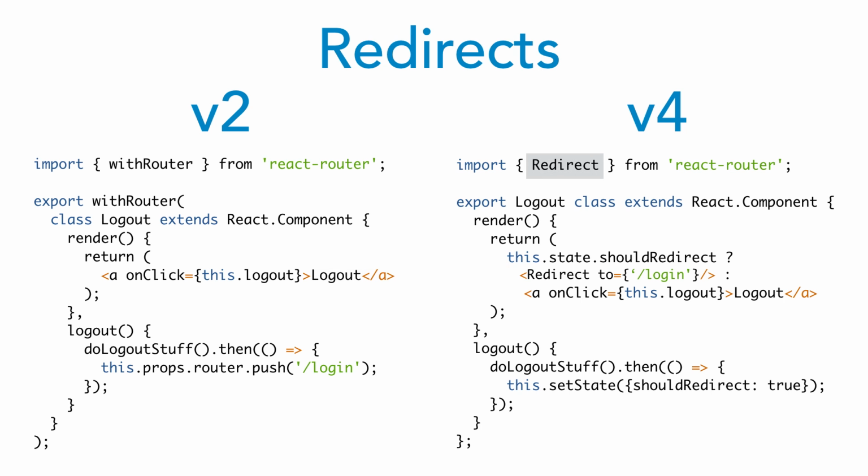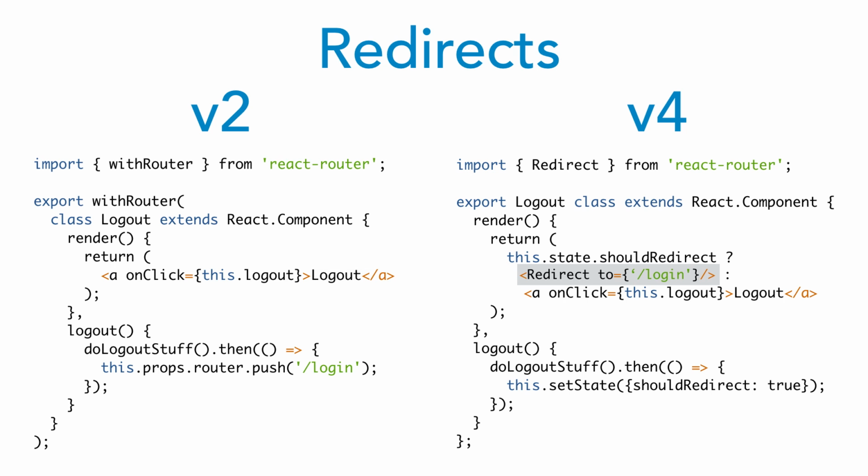We have a Redirect component provided to us by React Router v4, and technically speaking there was one in earlier versions of React Router, but it was more of a declarative thing that would just allow you to statically define a to and a from destination, whereas this component is actually quite dynamic in that it's designed to be rendered.